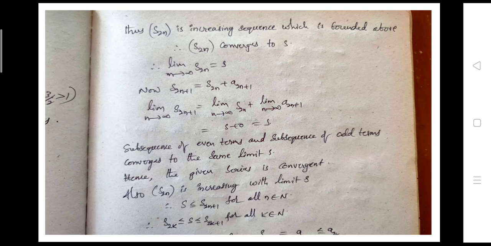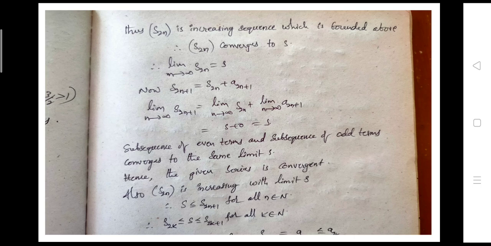We already know the limit of S2n is S, and the limit of a2n plus 1 as n tends to infinity is 0. So substituting these two values, we get S plus 0 is equal to S, and the subsequence of even terms and the subsequence of odd terms converge to the same limit S. Hence the given series is convergent because it has a finite limit.